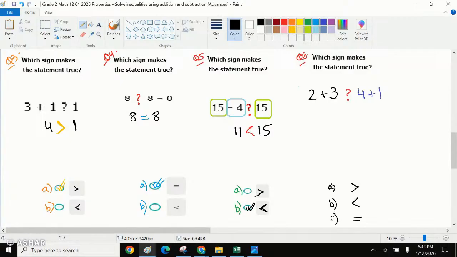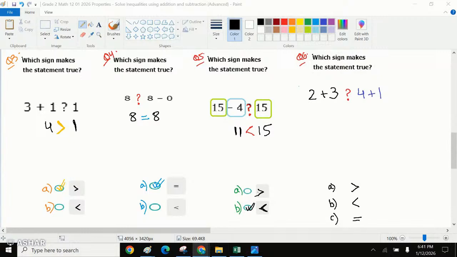Okay, let's have this. Just going back. So what should be the answer for this? Option A, B, or C?